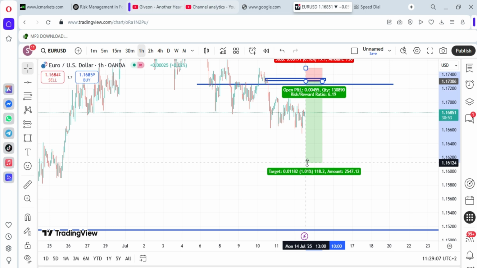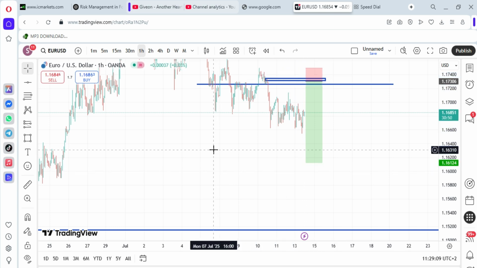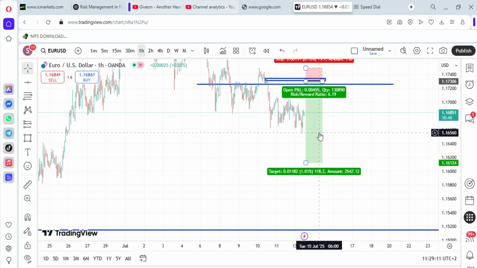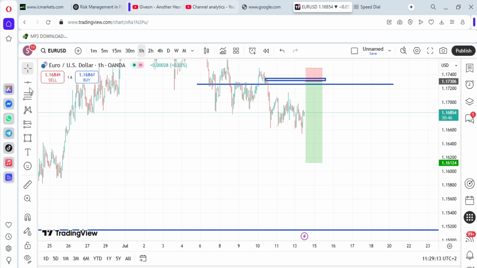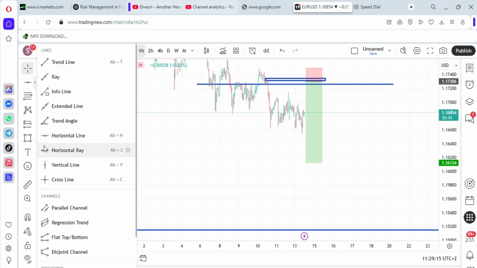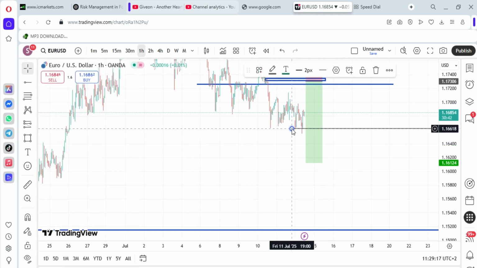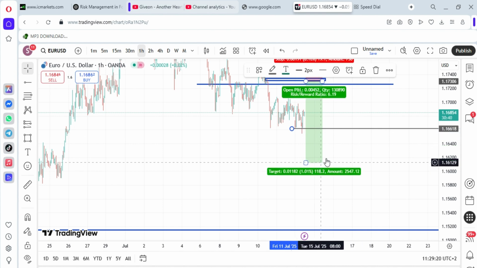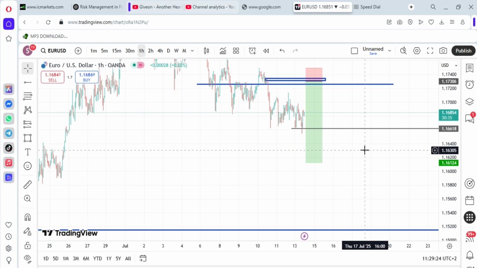And here's our next danger zone around this area. So meaning our TP, we can have two TPs, one here, another one here. So 1 is to 3, and now 1 is to 6, depending on your risk appetite and how patient you are.